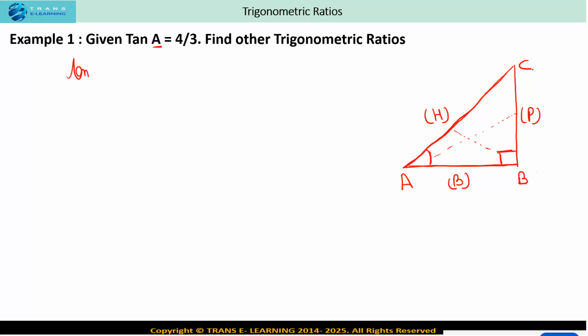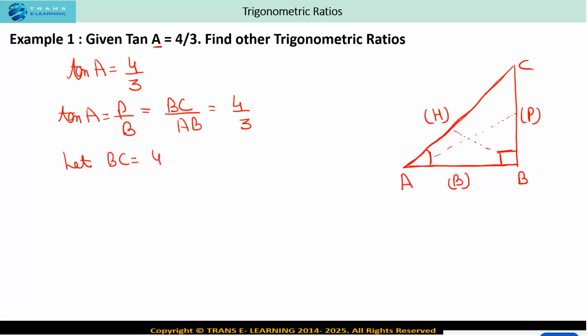Now in this case, tan A is given to us as 4 upon 3. So we are going to consider that tan A is equal to perpendicular upon base, and perpendicular is BC and base is AB, that is equal to 4 upon 3. So let BC equal 4k and let AB equal 3k.